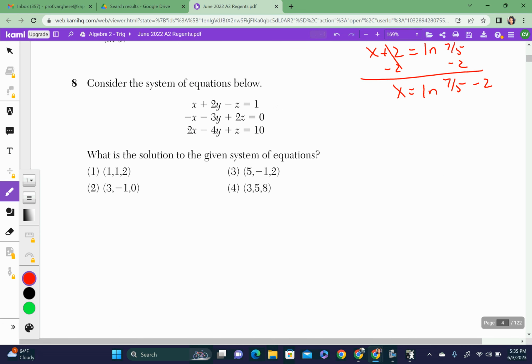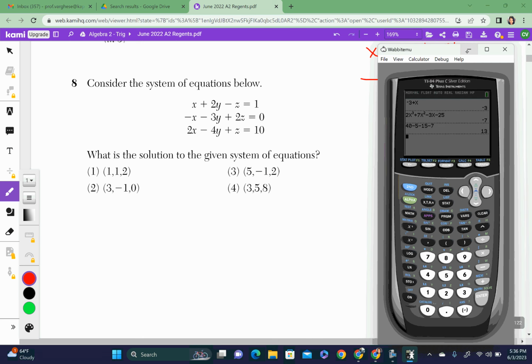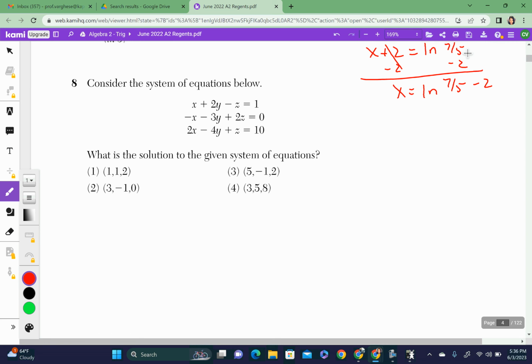You could solve this next one, question number 8, with polysimult 2. I don't have that on this calculator, but just in case, it is apps. And when you hit apps, I don't remember which number it is, maybe 8 is polysimult 2. So you would hit that. This is a 3 by 3 function. And then you hit next, which is graph.